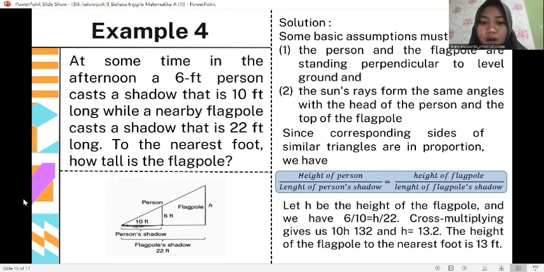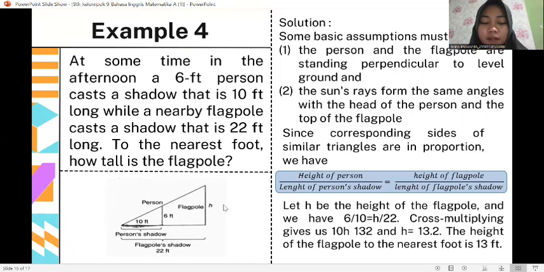We can draw. This is the person. This is the person's shadow. This is the flagpole's shadow, which is 22 feet. This is 6 feet. The person's shadow is 10 feet.